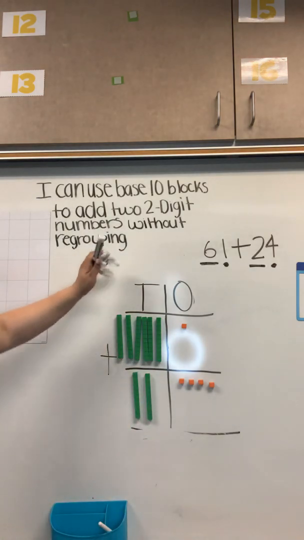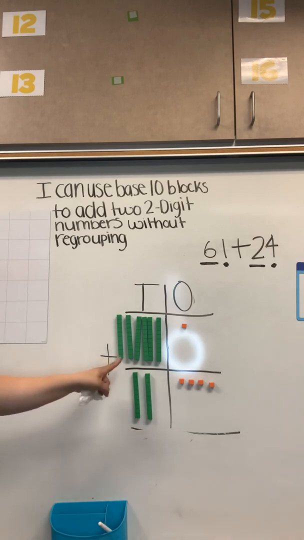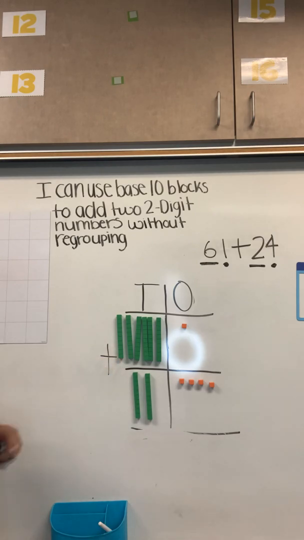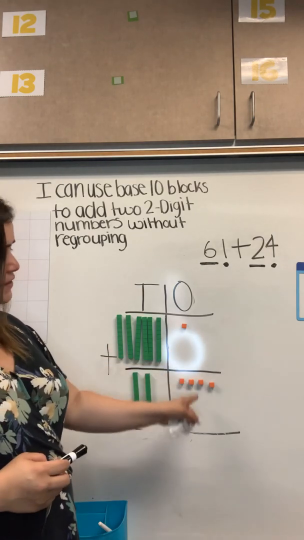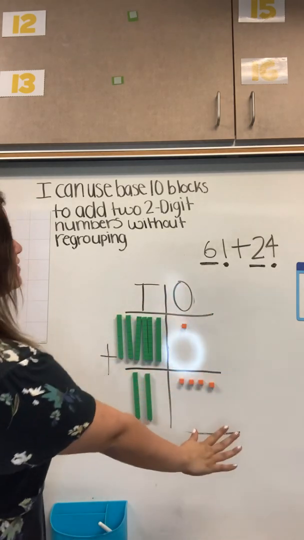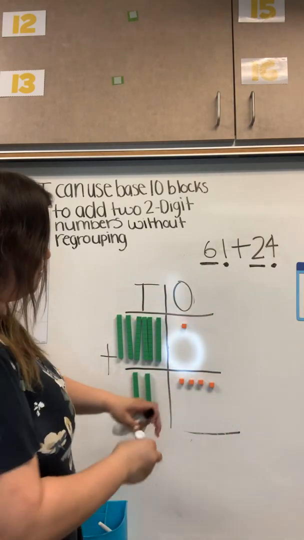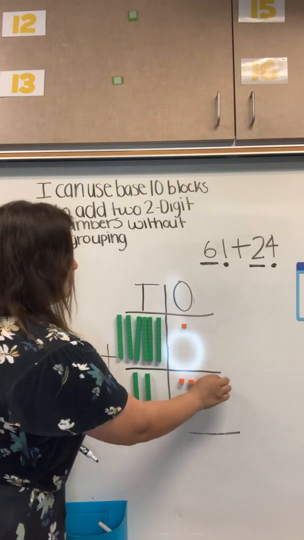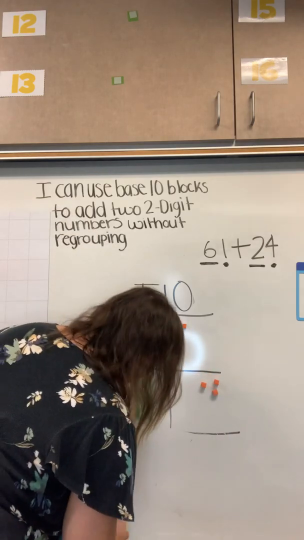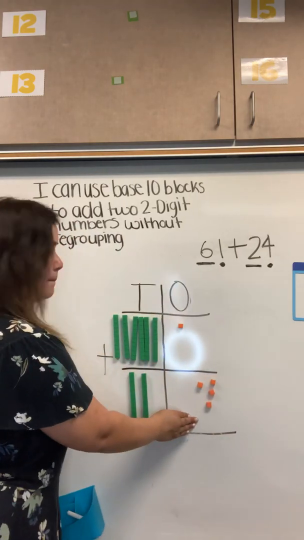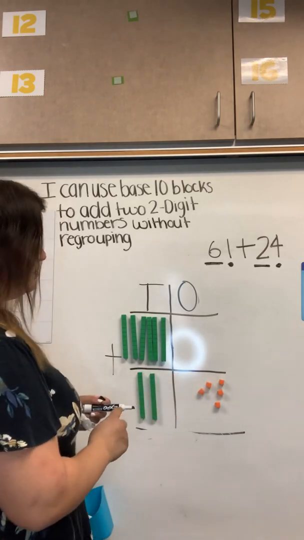All right, so now we have our numbers represented with our base 10 blocks. So what we're going to do now is add all our 1s. Everything that's on the 1 side, we're going to add. So 1, 2, 3, oops, I dropped 1, 4, and 5.